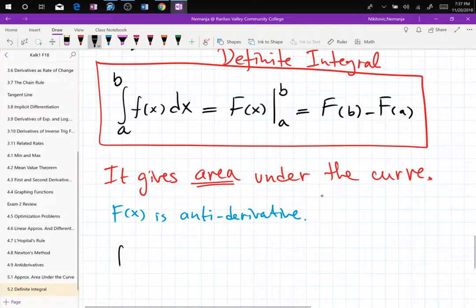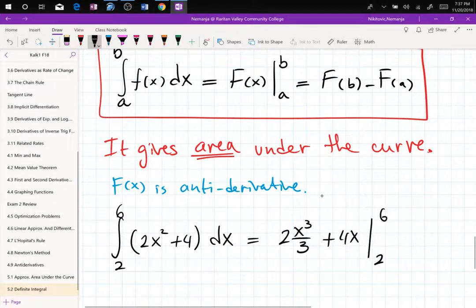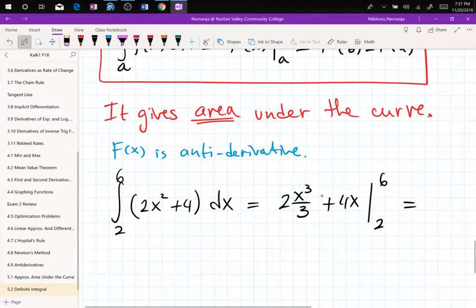So, if I have the integral of 2x squared plus 4 dx from 2 to 6, I will integrate this into 2x cubed over 3 plus 4x and compute that from 2 to 6. Now, this will be 2/3 times 6 cubed plus 4 times 6.